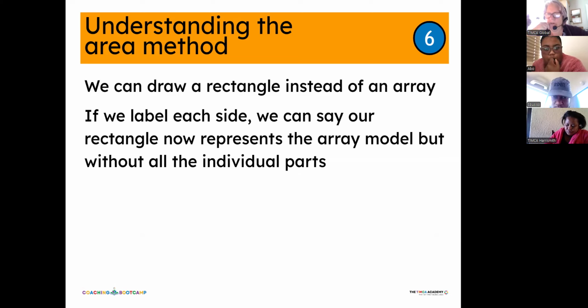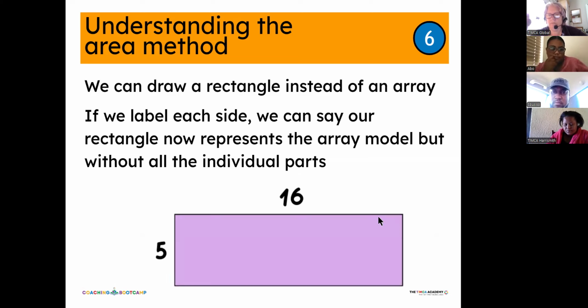Okay, Abo, show us your grid again, please. Okay, so that is an array because we can see all the individual little squares. So what we're going to do is take a leap from that to making it into a rectangle, which looks like that.